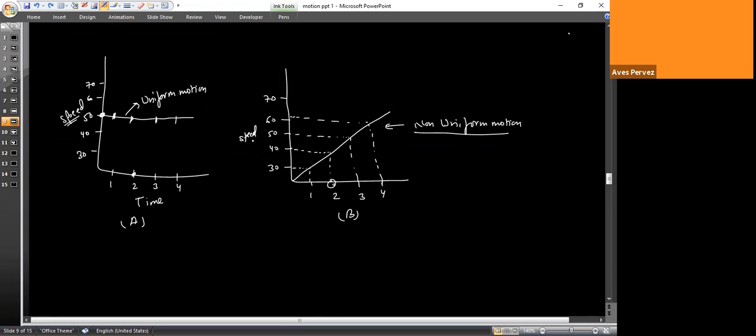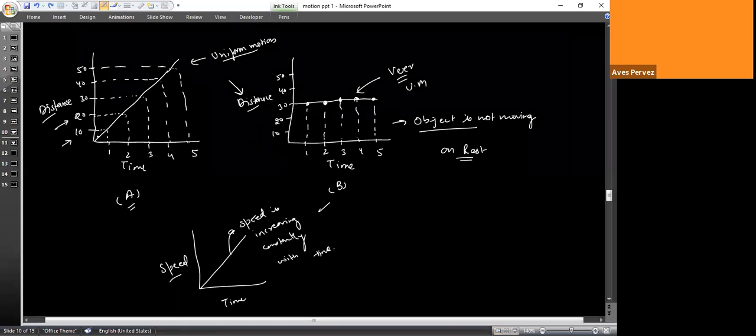But in a distance time graph, a straight line with a constant slope we will study in some other class. This line is representing uniform motion and this one is representing the stationary state. You need to keep in mind what the graph is showing you.